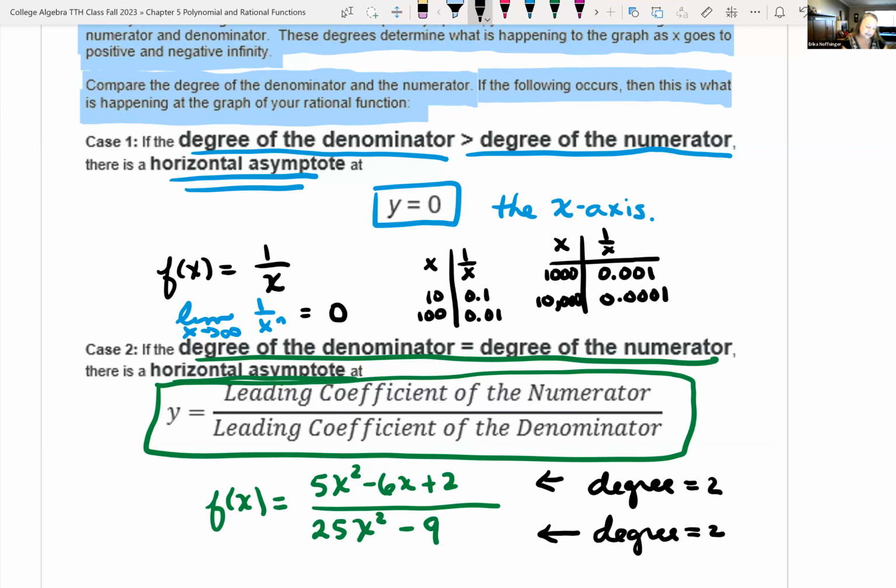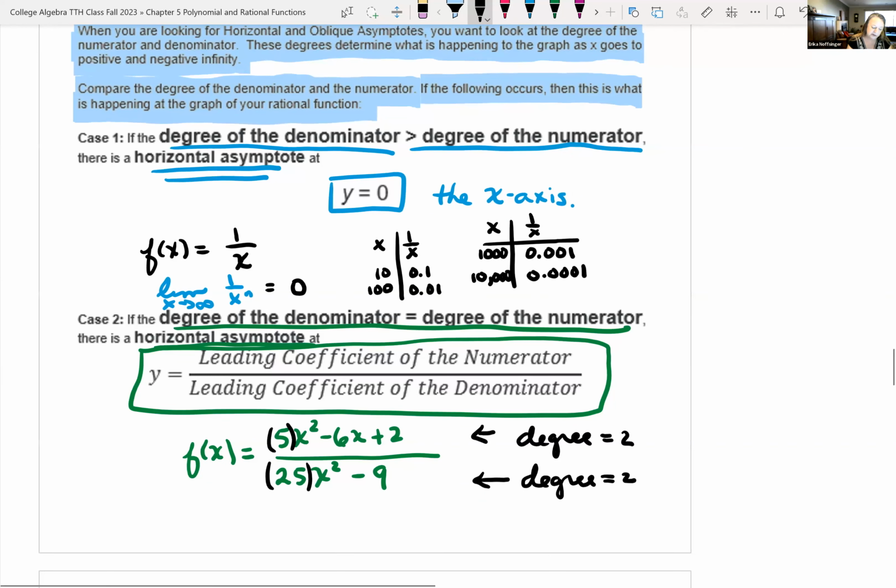So looking at the leading coefficient of my numerator, it is 5, and the leading coefficient of my denominator is 25. So this is saying that my horizontal asymptote is at y equals 5 divided by 25, which reduces to 1/5. So the horizontal asymptote in this example, where the degrees are the same, is y equals 1/5.